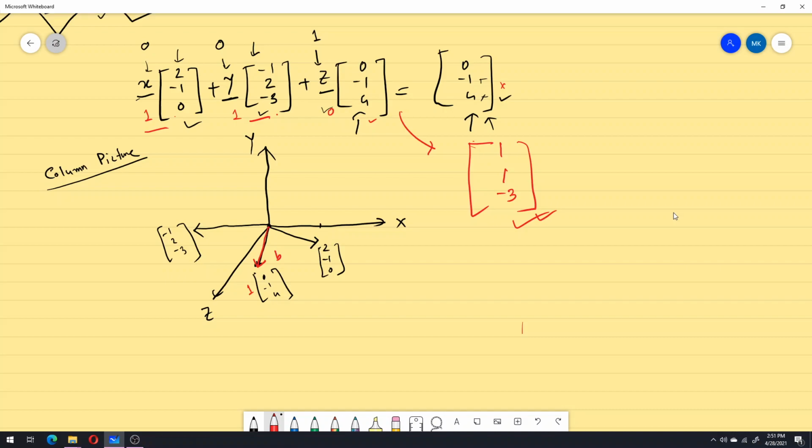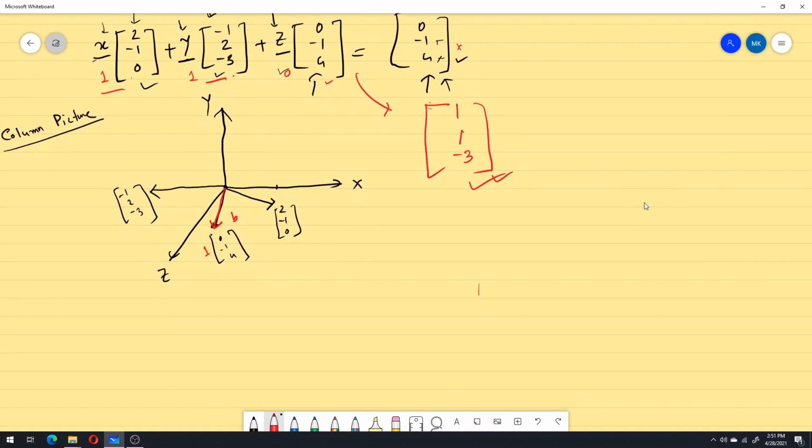In that case the picture would be, okay, I have to draw it again. Let's say this is x, this is the first vector, this is the second vector, and this is the third vector. If you add one of the first two vectors, from the tip of the first vector, let's draw the second vector.